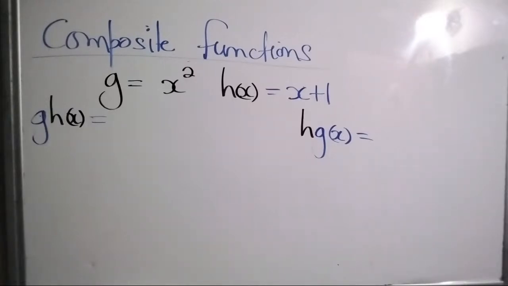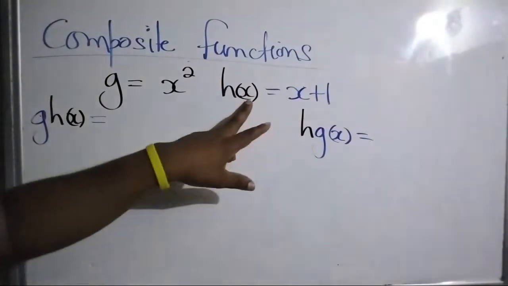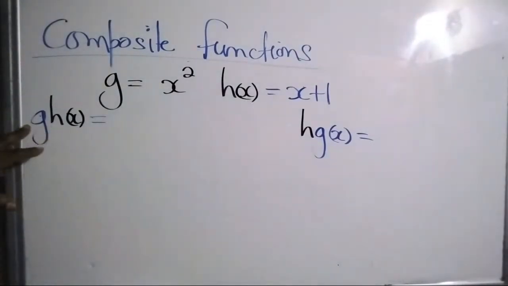All right, so let us look at this one now, guys. We have g(h(x)). Again, the rule says we must write back the last function. So write back h, which is x plus 1.